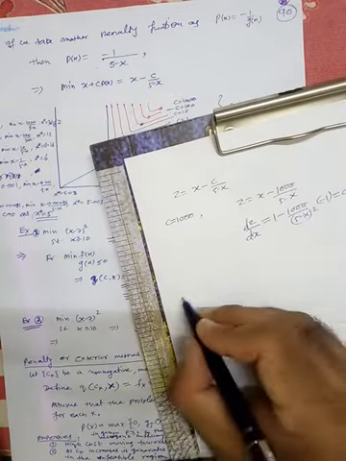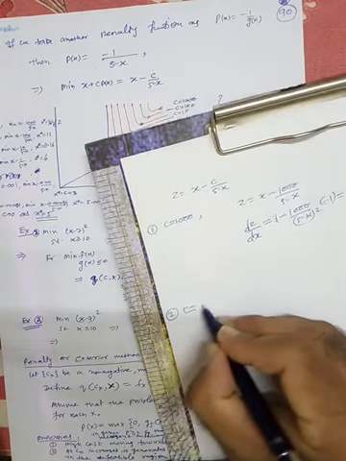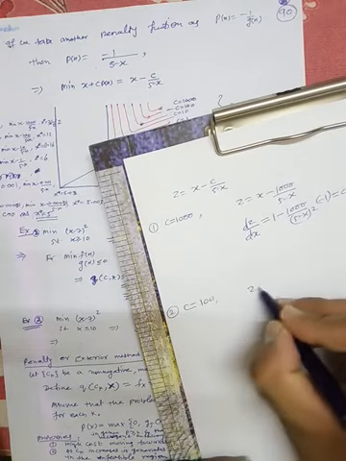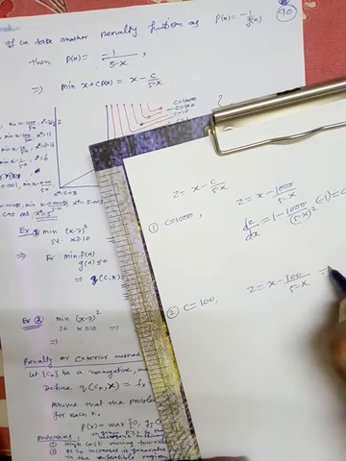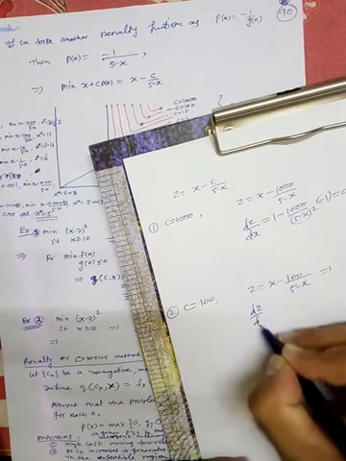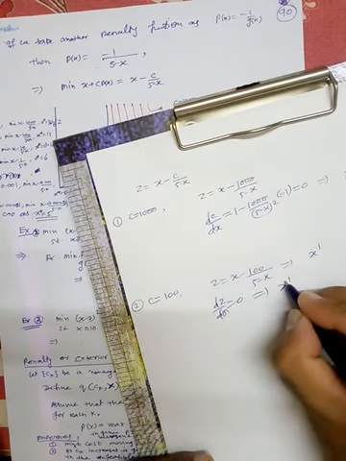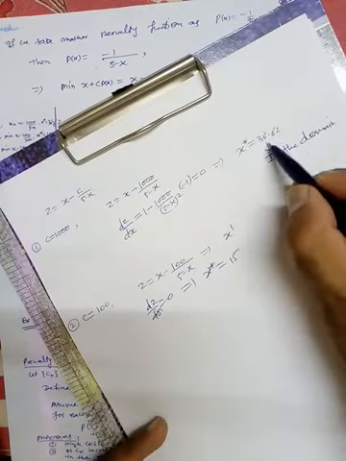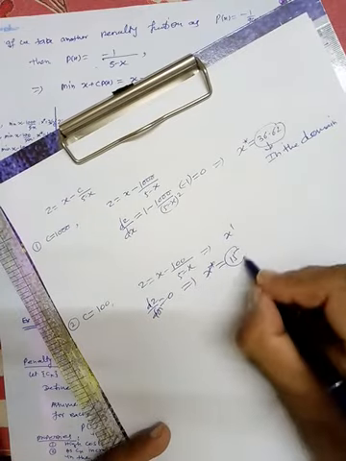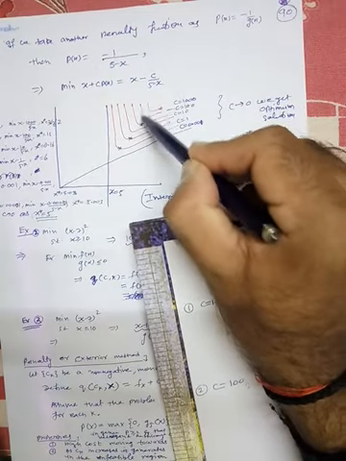Okay, now when you update, this is the first method. The second one is c is say 100, then z will be x minus 100 divided by 5 minus x, and then after getting dz upon dx equal to 0, when you solve this, what you will get? x star is equal to say 15. So here is 36.62, here is 15, and the curve is this. This is your second curve.